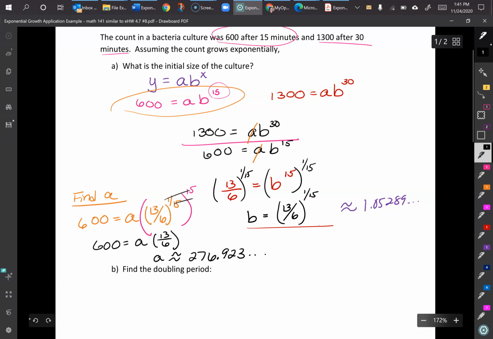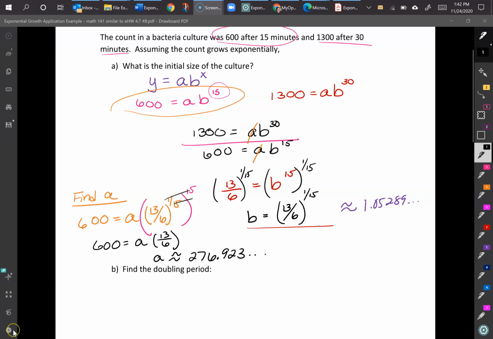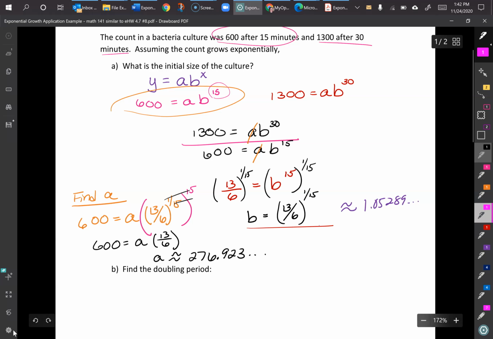I think your system usually has you round to the nearest hundredth, but it might be the nearest whole bacteria. You'd have to read what the directions are on that. I'll check that out too. So from what I see in the answer key, they do want you to go out several places. So it would be approximately 276.923 bacteria.